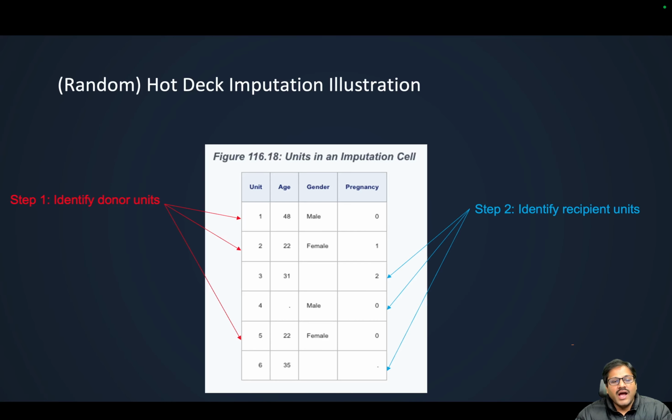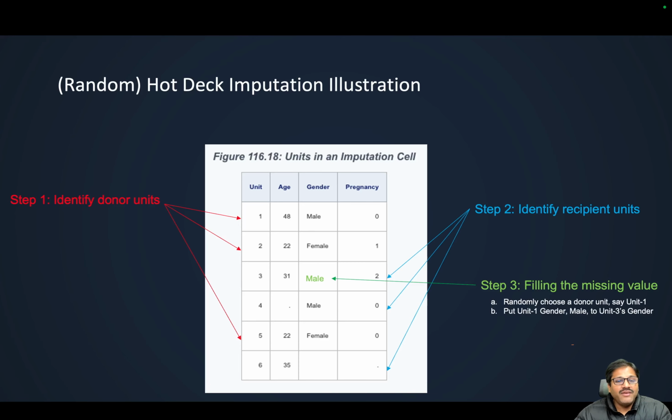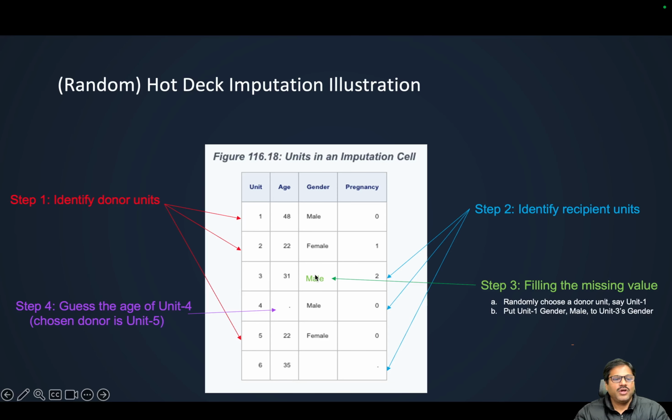Now, in the third step, for each recipient unit, we choose a donor randomly, let us say unit 1, and then we fill the donor's value here. So if we choose the donor unit as unit 1, then we simply fill its male value here. Similarly, let us try to fill the missing data for unit 4.